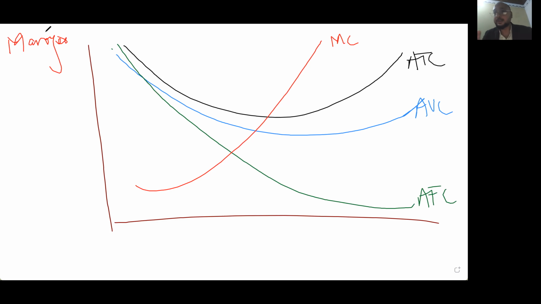Simple. If you understand these curves, it tells you so much information regarding your business, what's going on. So remember, this point where MC crosses the average total cost, which means MC crosses the ATC at its minimum, which is efficient scale.